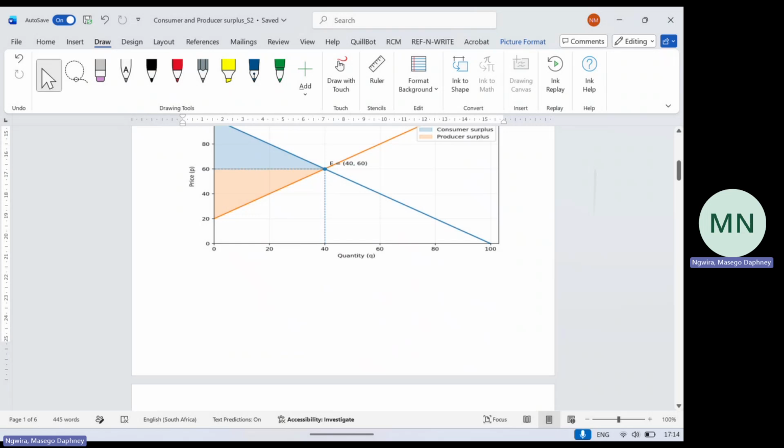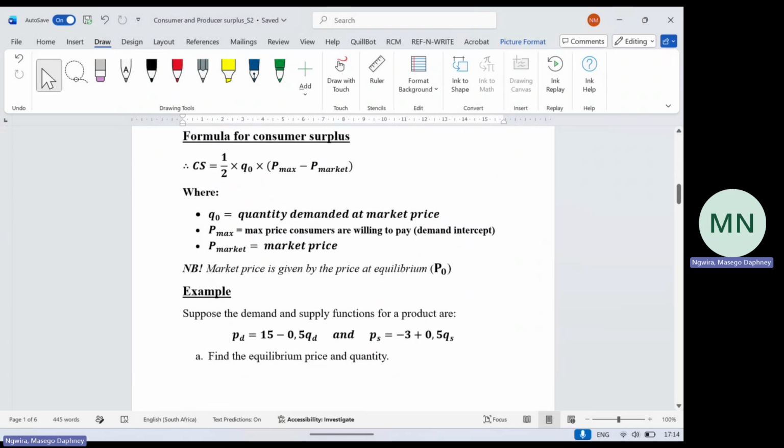And then P market is our market price. Note that the market price is given by the price at equilibrium. So this is our P0, this is also our P0. That's our market price, that's what we'll be using here.